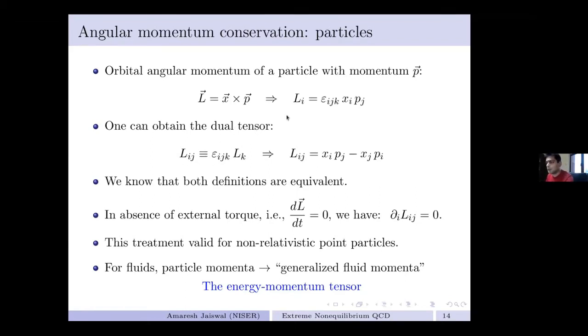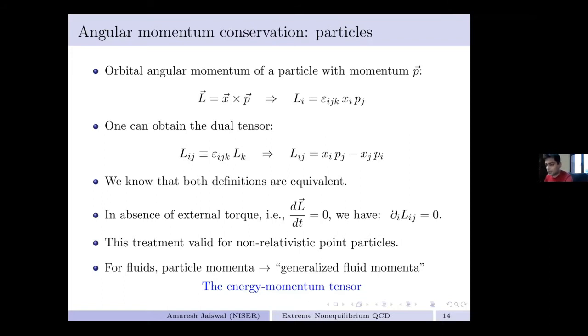You know that both these descriptions, in terms of the vector L and the tensor Lij, are equivalent, because the number of degrees of freedom in Li and Lij are the same, keeping in mind that Lij is an antisymmetric tensor. So Lij is just xipj minus xjpi. In the absence of external torque, we know that angular momentum dL by dt is 0. It's conserved. We also have del i of Lij equal to 0. Simply from this form, we see that del i of Lij is 0. This treatment is valid for non-relativistic point particles.